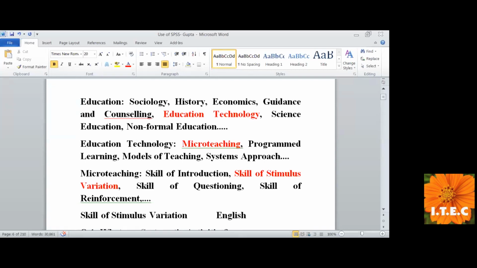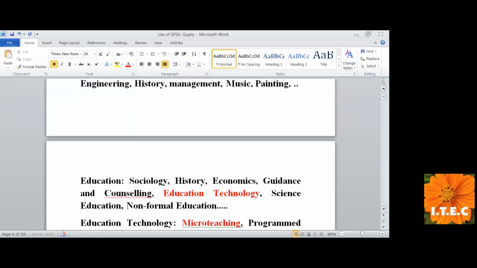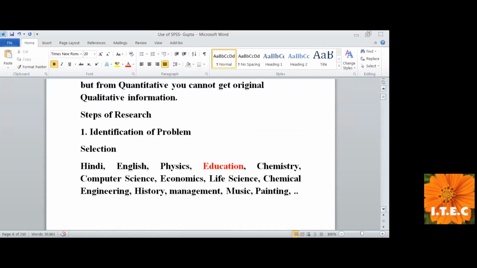And when it becomes so narrow that you cannot further narrow down, then this is called selection. So I have selected the skill of stimulus variation, and I want to do research related to skill of stimulus variation. So this is the difference between the identification and the selection. Hope you have understood it.